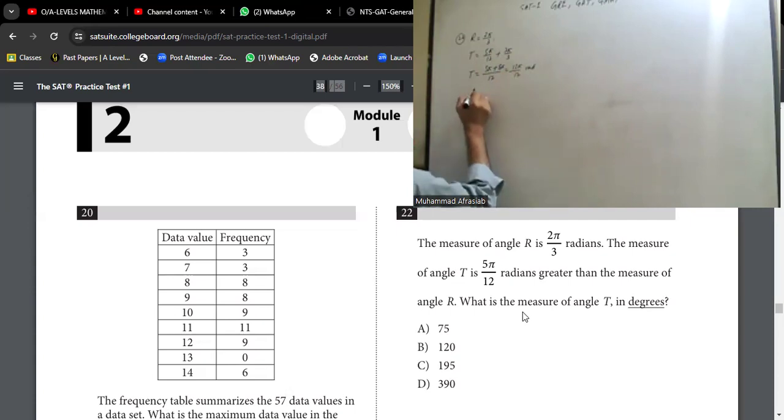But we know that pi radian is equal to 180 degrees. So 1 radian is equal to 180 degrees over pi. So T is equal to 13 pi over 12 into 180 over pi. Pi and pi cancel, 12 ones are 12.